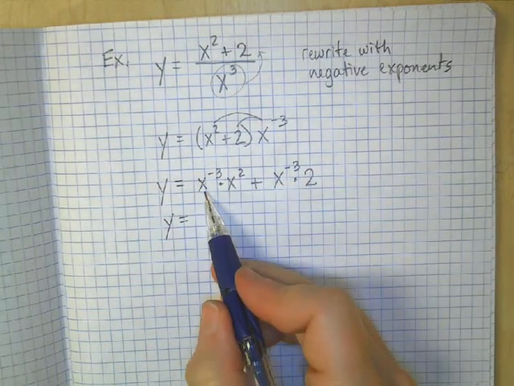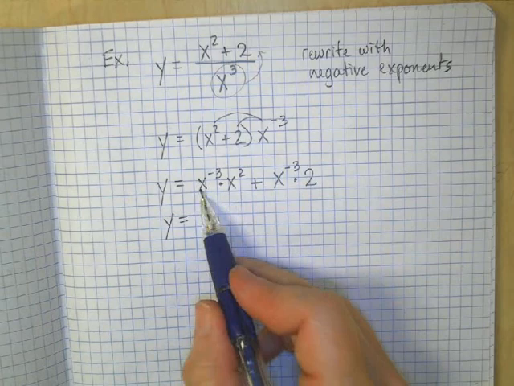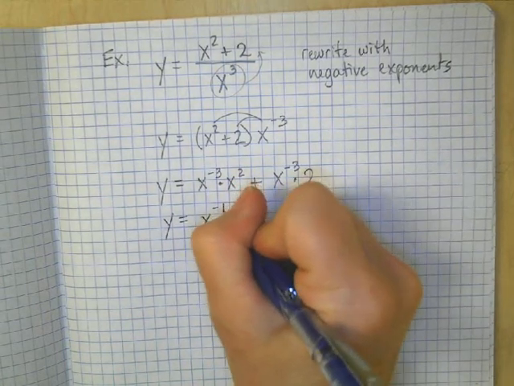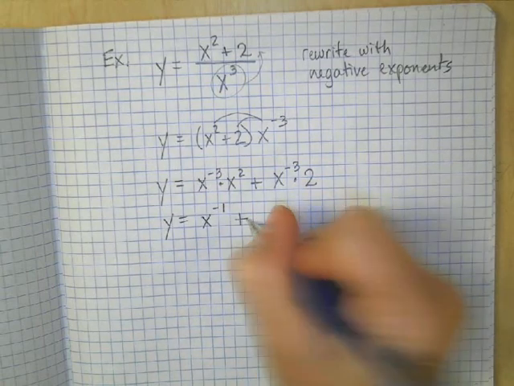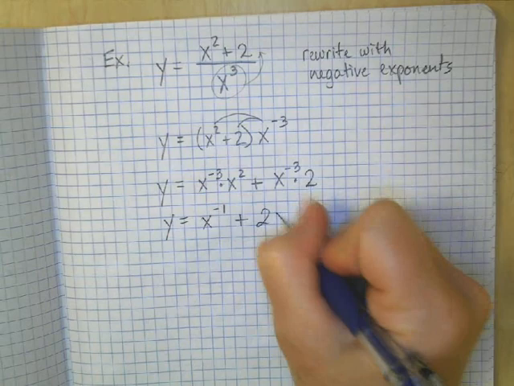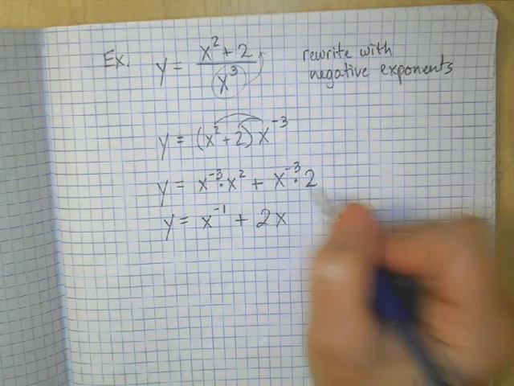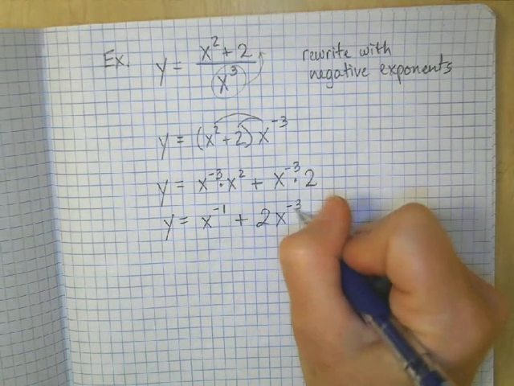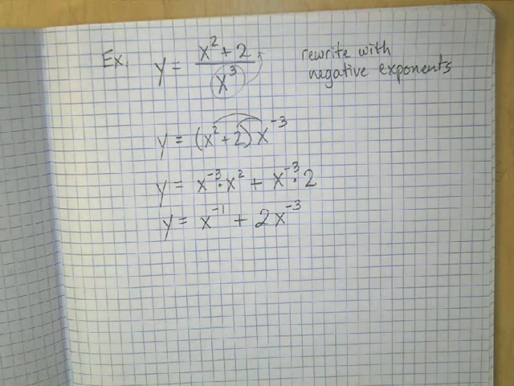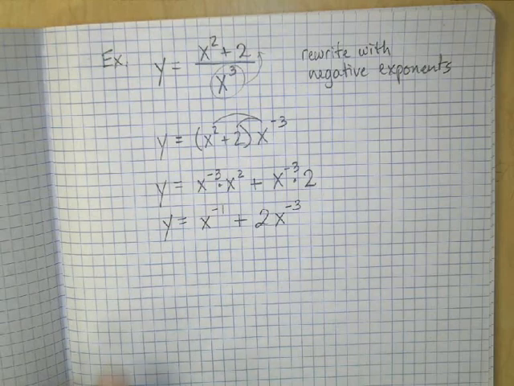And then I'm going to go ahead and simplify that. When I have multiplication with the same base, I can add the exponents. So that's going to become x to the negative 1 plus, here I like to write the 2 in front, put the coefficient, or the constant part of the factor, in front, x to the negative 3. Now I can use my rules of derivatives to find my derivatives.